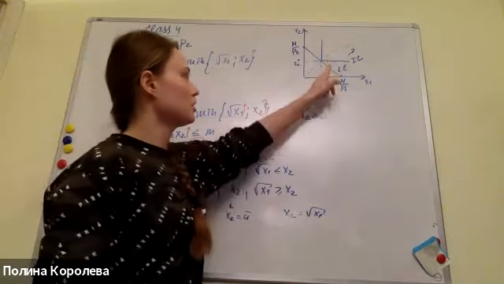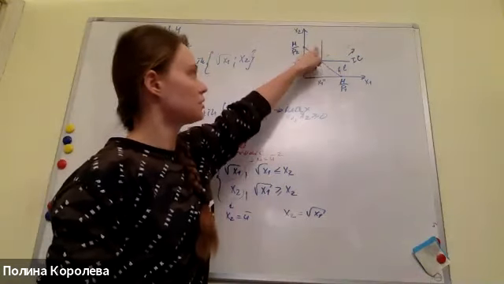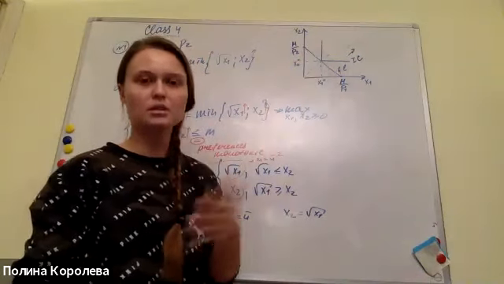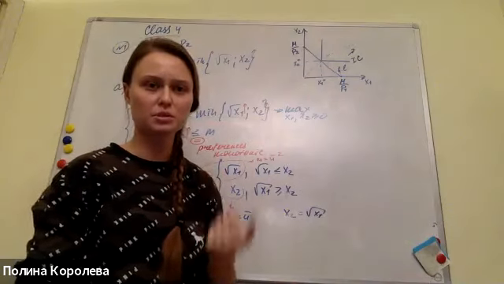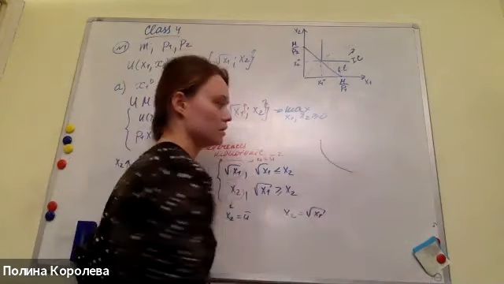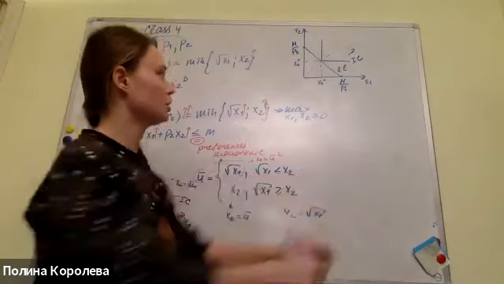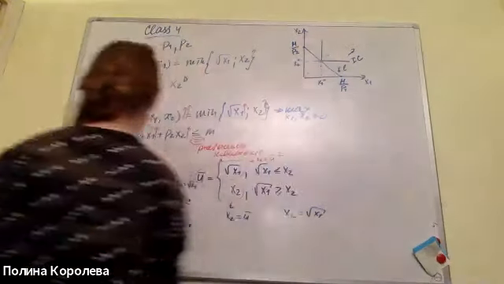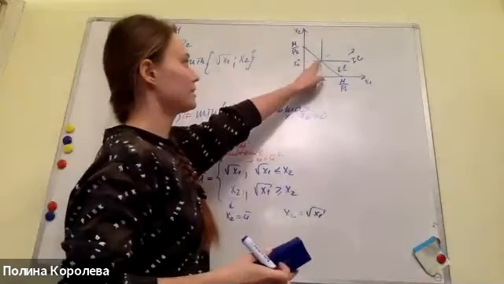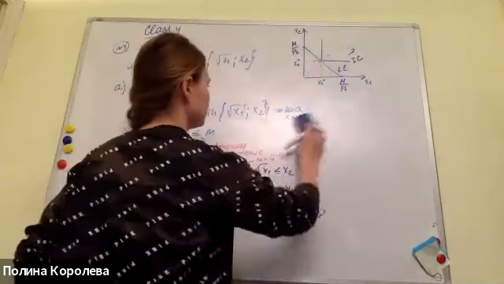The marginal rate of substitution here is 0, here is infinity. We cannot solve using the marginal rate of substitution because we don't have such indifference curves. Yes, they are not standard.